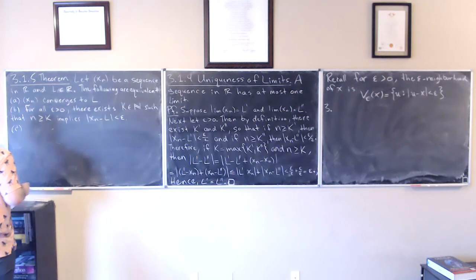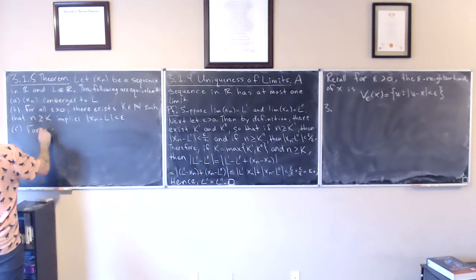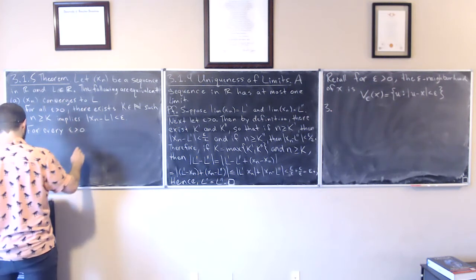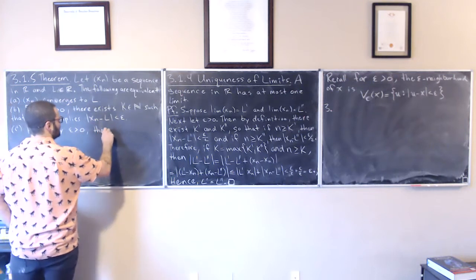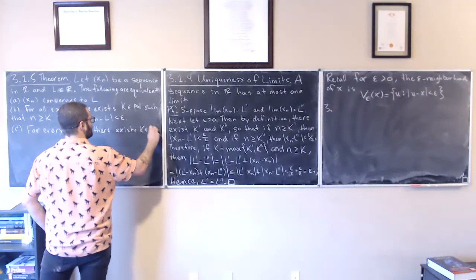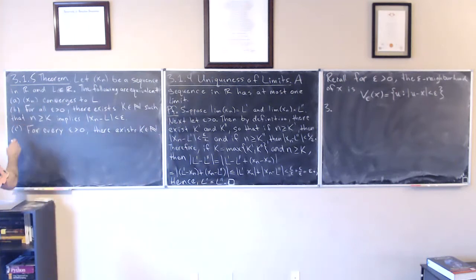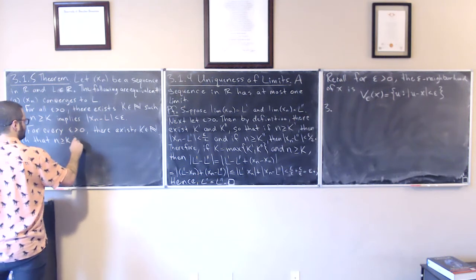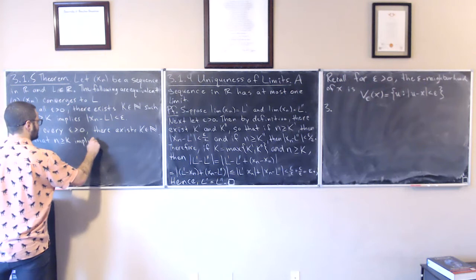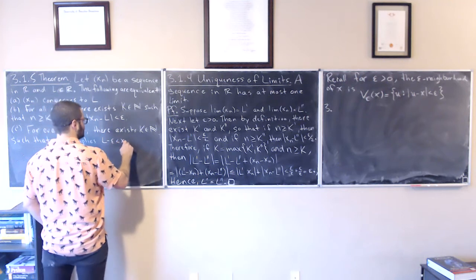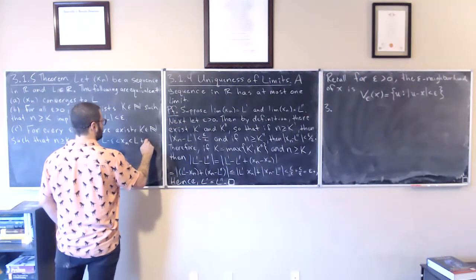Part C: for every epsilon greater than 0, there exists some integer k such that n greater than or equal to k implies L minus epsilon is less than x_n, which is less than L plus epsilon.